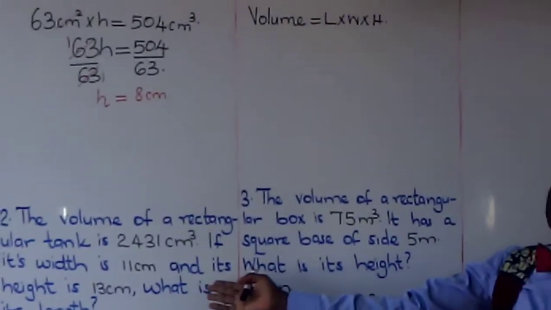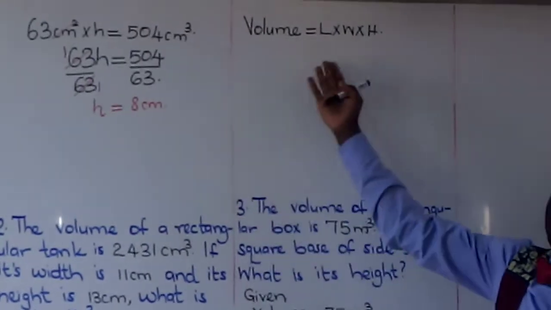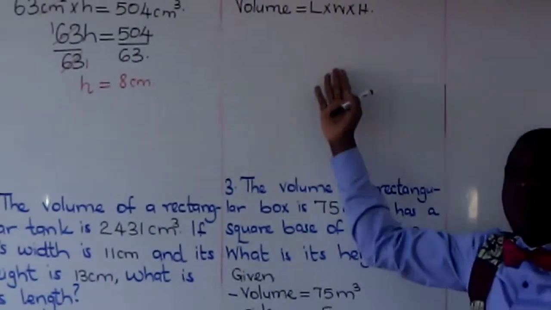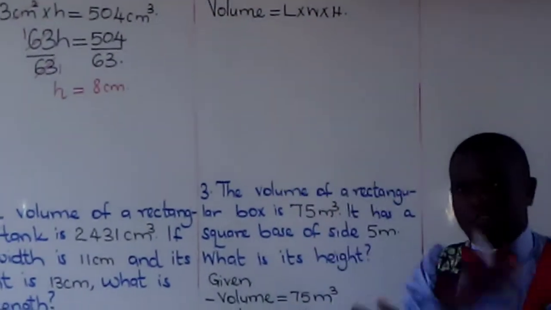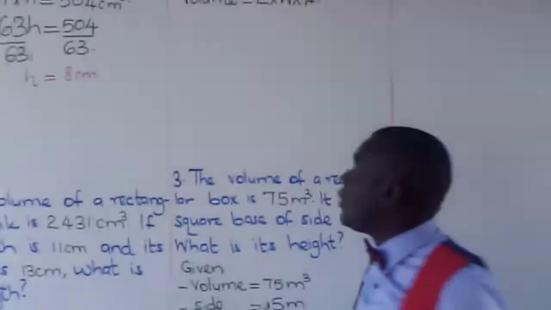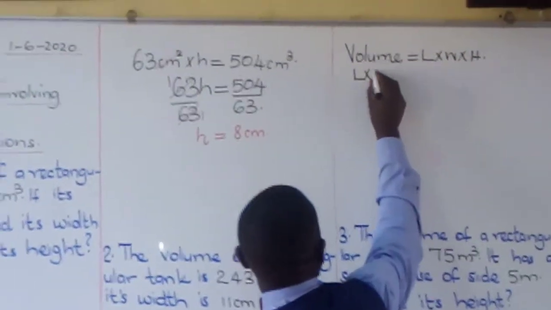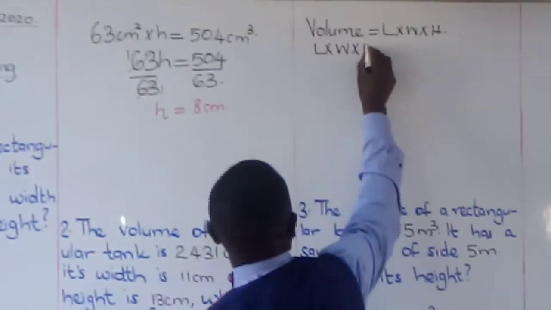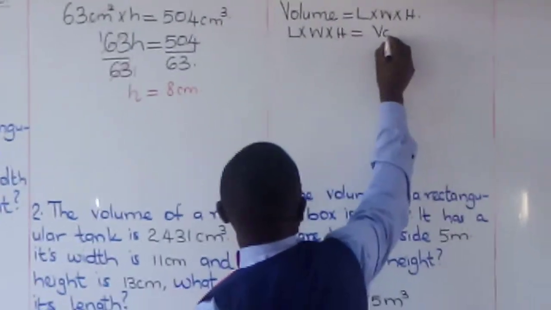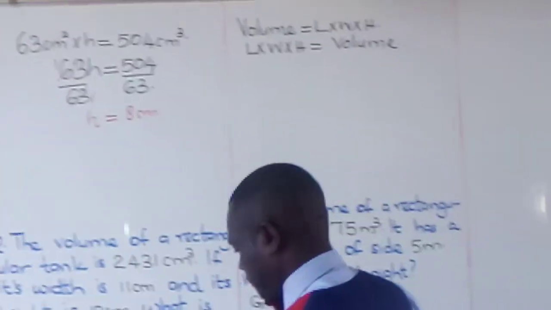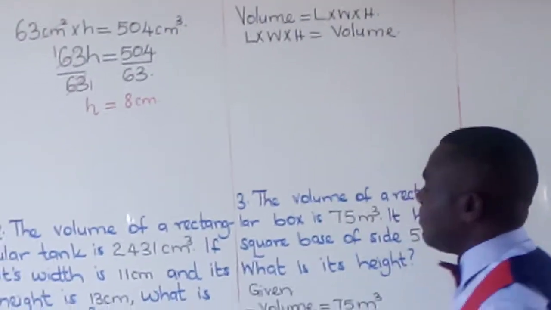So we cannot use the formula the way it is. We must apply it, derive it. Say derive the formula. And so we are interchanging. We are saying length times width times height is equal to volume. Please follow me closely.